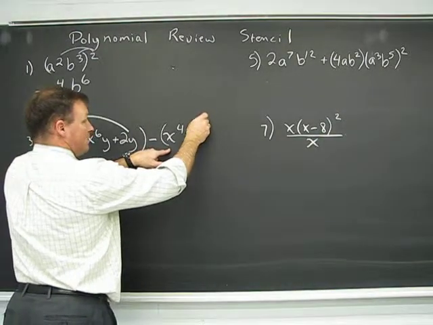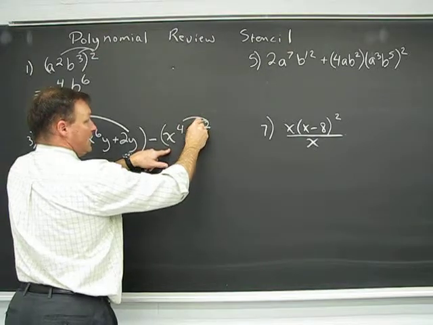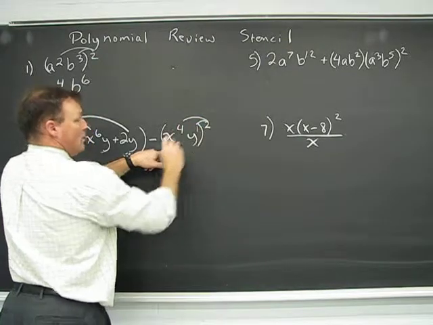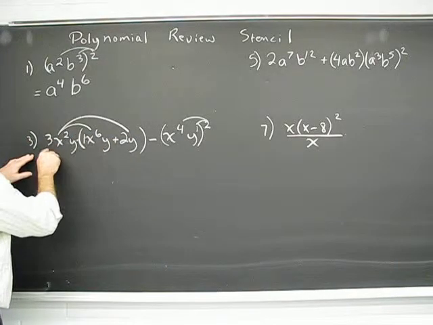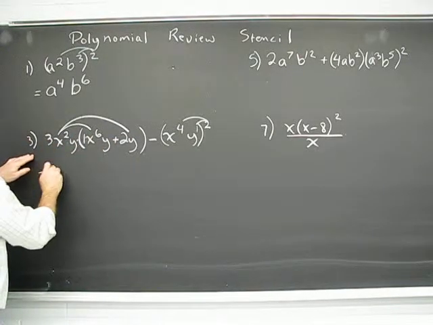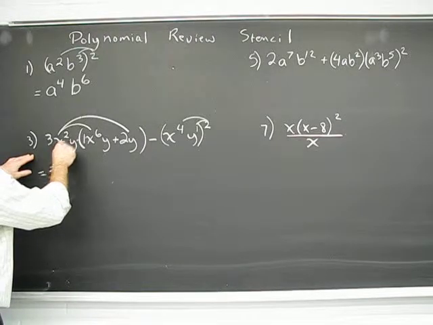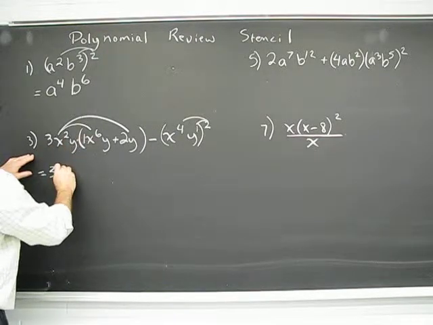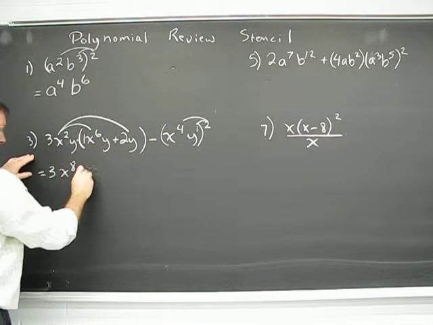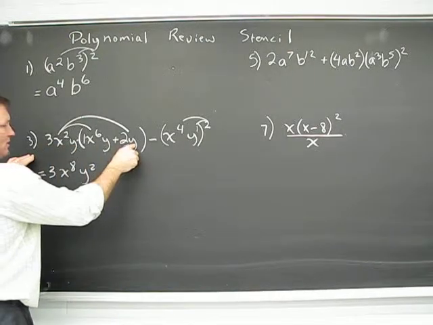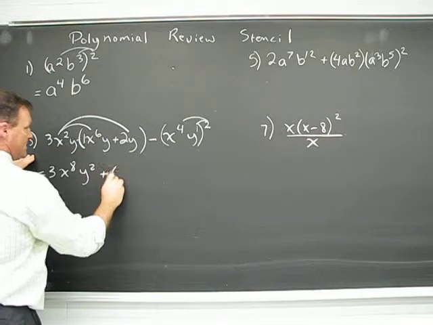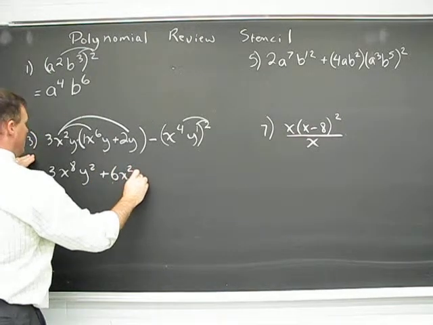So you're going to be multiplying the exponent into the bracket, and you can pretend that's a 1 on the y. So multiplying this in, I have to look at the coefficients. So 3 times 1 is equal to 3. X to the 6, x to the 2 times x to the 6 is x to the 8, and y times y is y squared. Multiplying the 3x squared y times the 2y is going to give me 6x squared y squared.